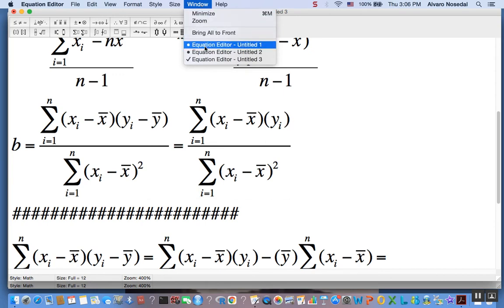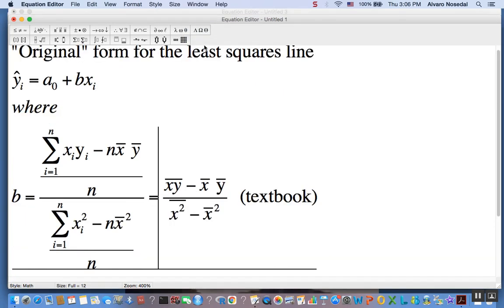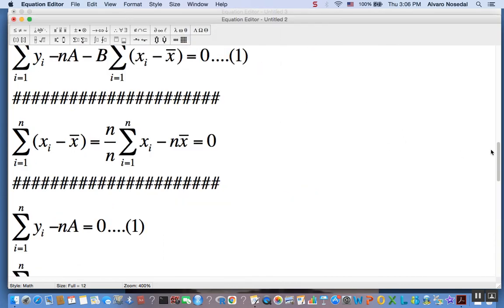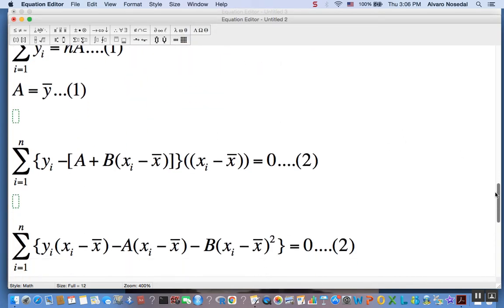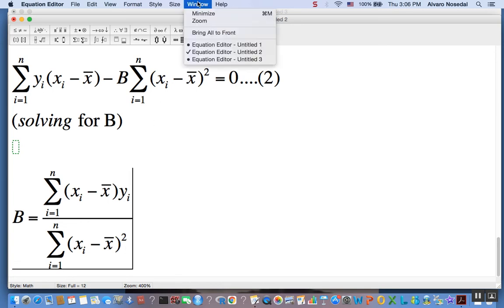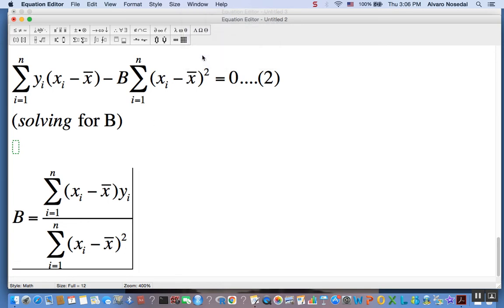If you go back to where we derived uppercase B, it is summation of xi minus x bar yi divided by summation of xi minus x bar squared, right?